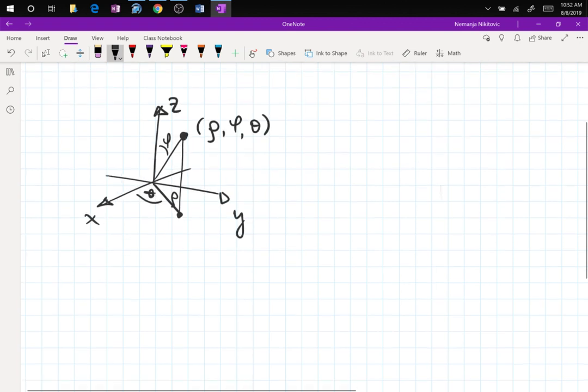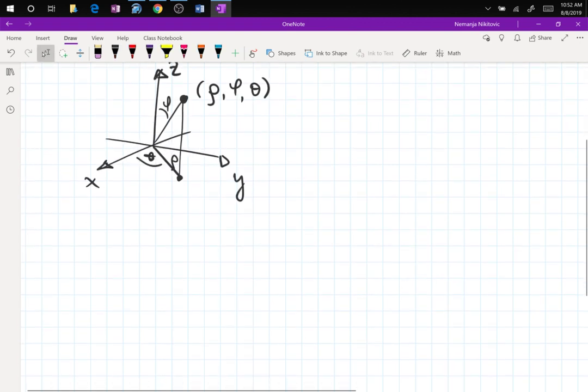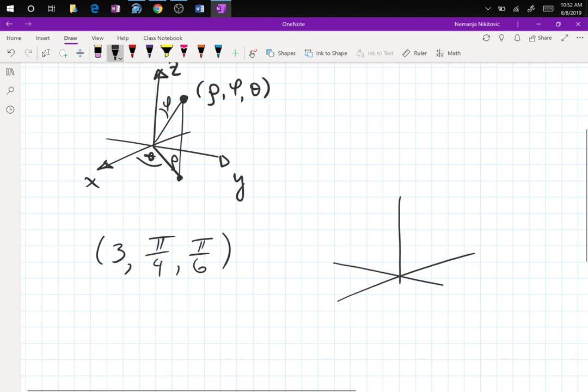So let's say you have the point 3, pi over 4, pi over 6. Now we're going to try and graph this the best we can.